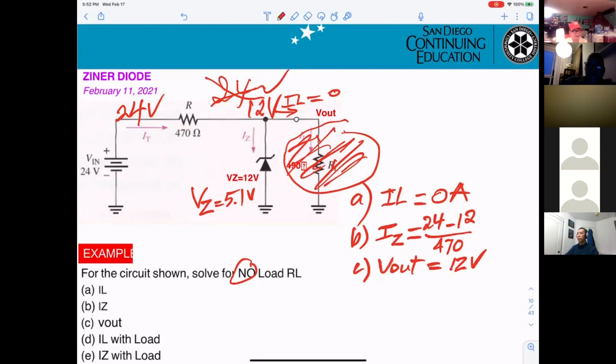Without the Zener, sometimes the input voltage goes up, and you don't want that voltage going into the output of the power supply. You want only 12 volts, for example, or only 5 volts.